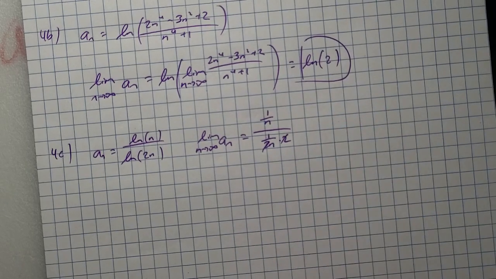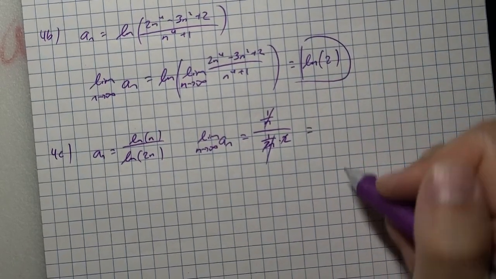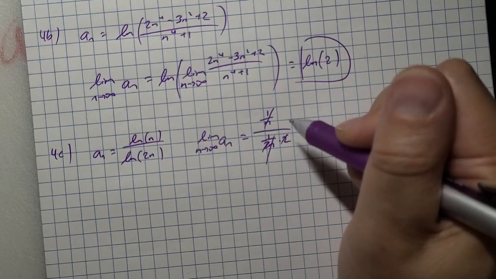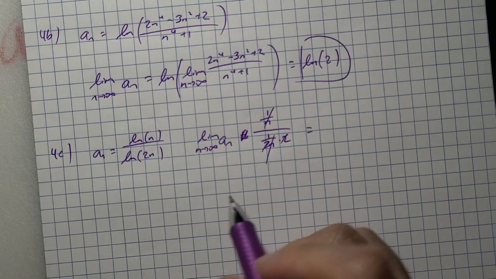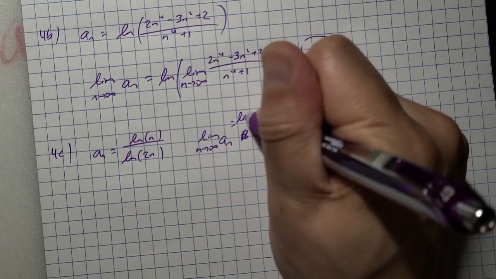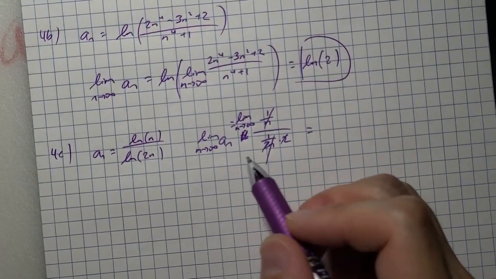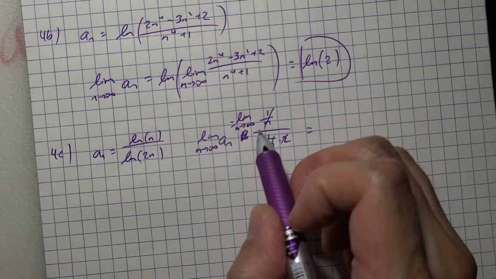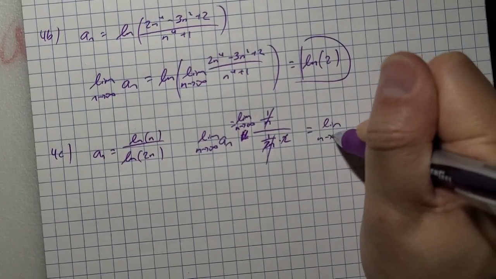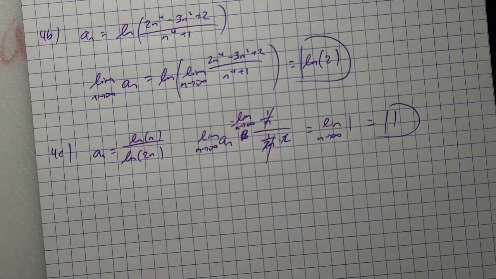So these would cancel. I forgot to do the limit notation, so limit as n goes to infinity of this guy. So have a good notation. It becomes limit as n goes to infinity of some constant 1. So that value is just 1, converges to 1.